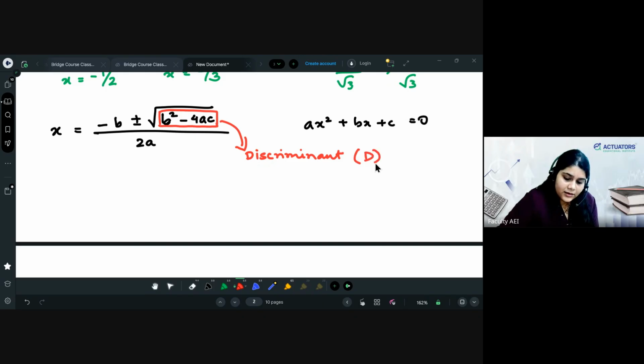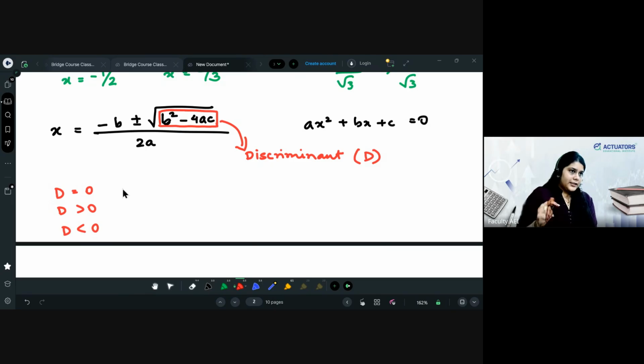Let's name this D. The discriminant can have three kinds of values. It can be equal to 0, it can be greater than 0, it can be less than 0, right? तीन types के value हो सकते हैं. If the discriminant is 0, logically tell me, it means square root के अंदर 0 है.